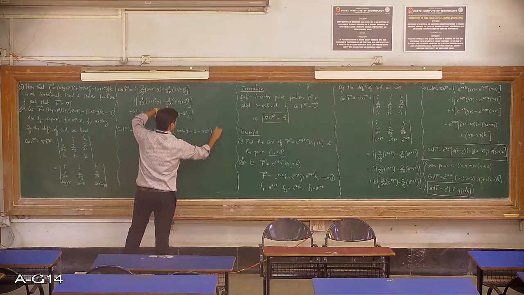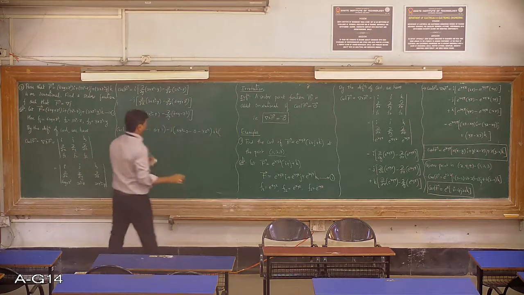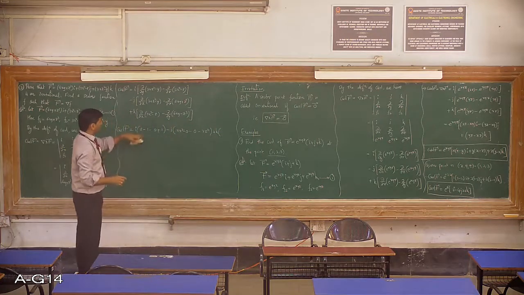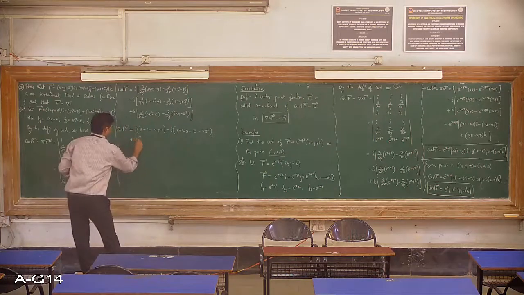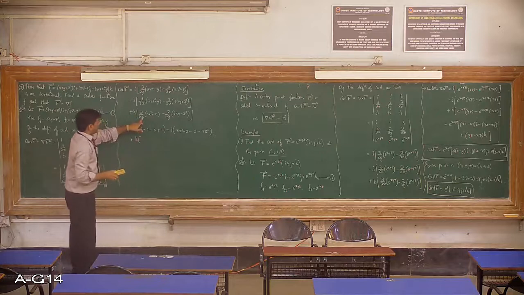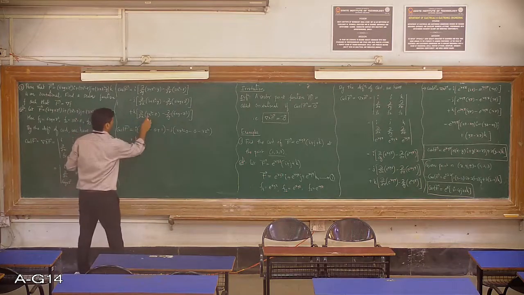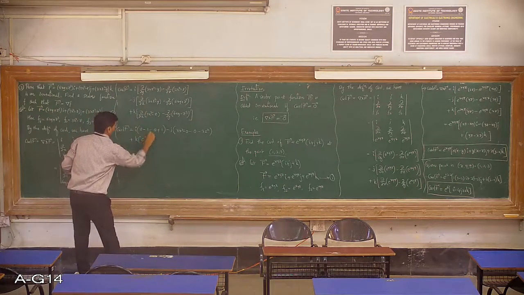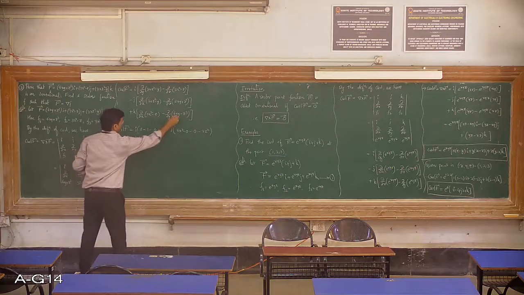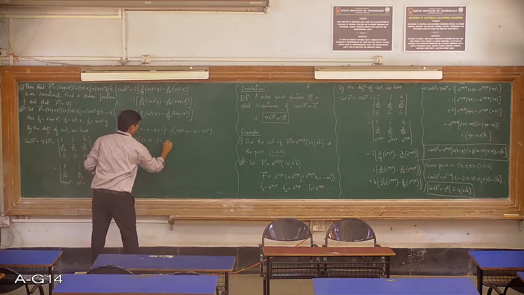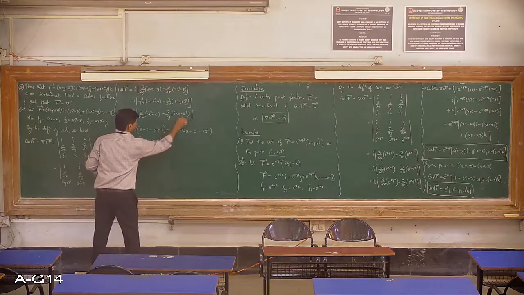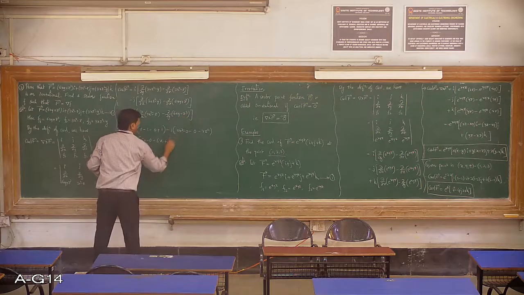Next plus k in the bracket. With respect to x if you differentiate, 3x squared becomes 6x and this will be 0. Minus, with respect to y if you differentiate, this will be minus 6x, minus of minus is plus, and the derivative of z cube with respect to y is 0.